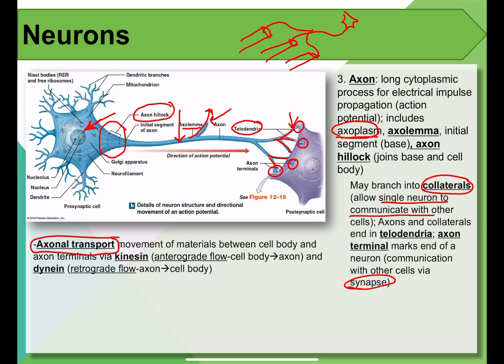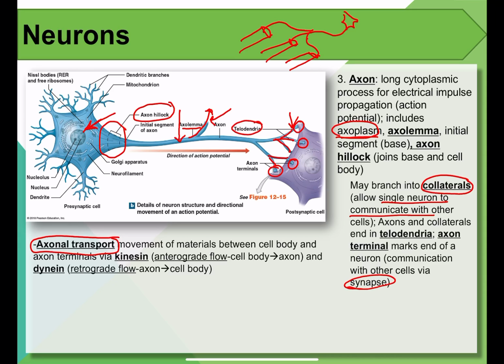And just like how we have back and forth routes for buses and trains, like en route to Dallas and then Dallas back to Plano, for example, you have two different tracks for that two-way traffic. Same thing for our neurons. They have two-way traffic, and they have specific transport proteins that travel only in one direction.